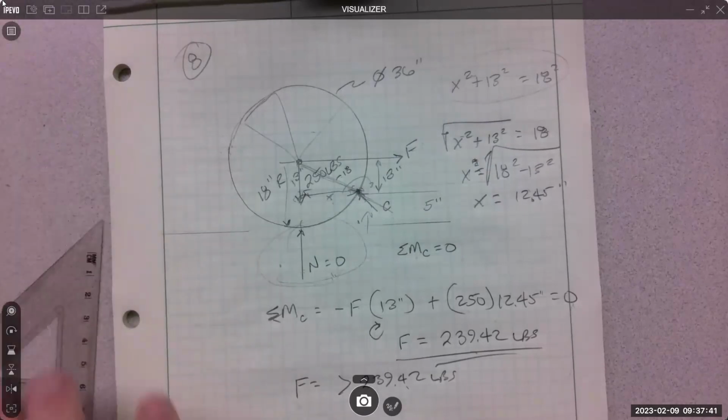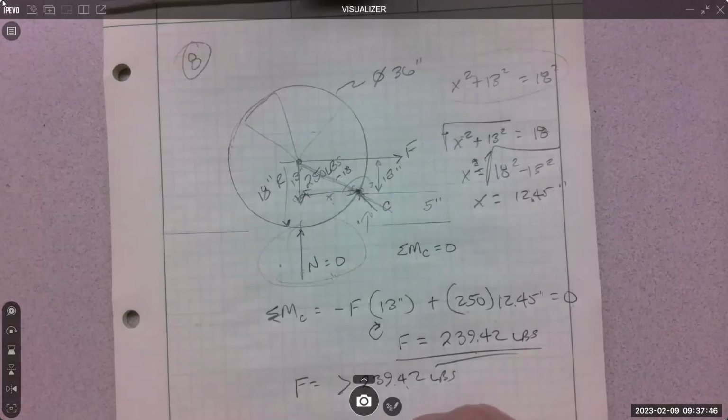So you can draw the force triangle because there is no resultant. So here's F. I add them together tip to tail. Here is 250. F I know is 239, and then there is C.